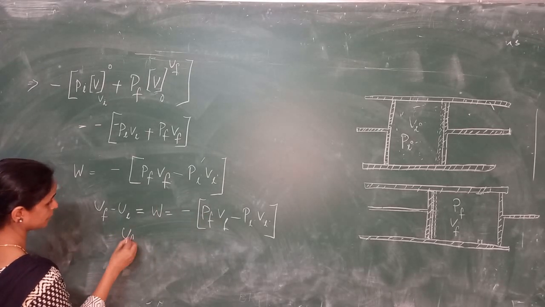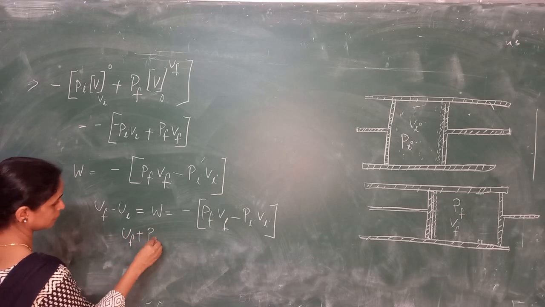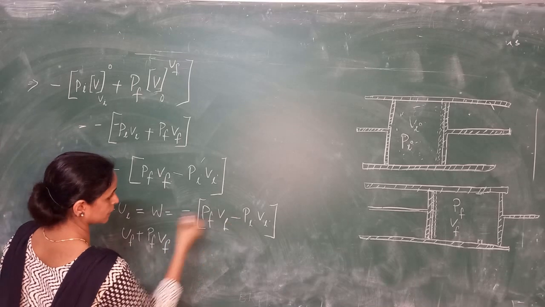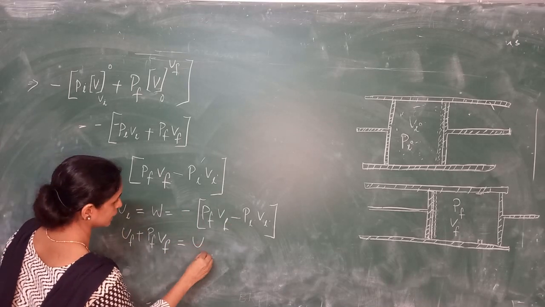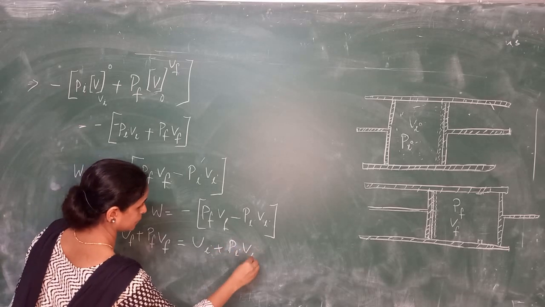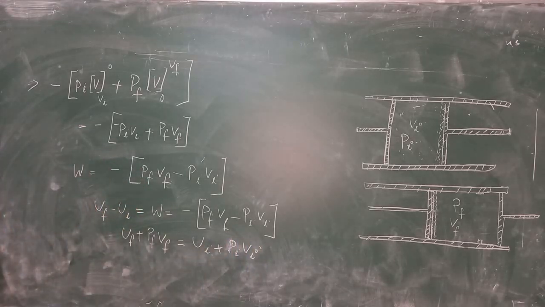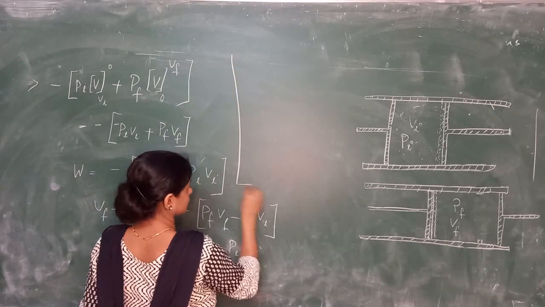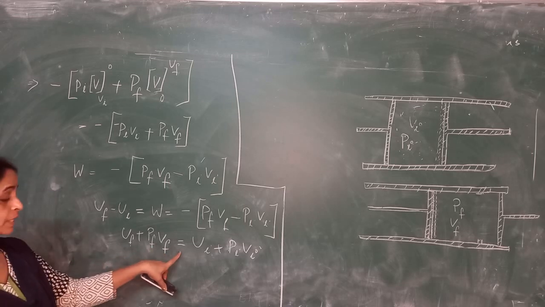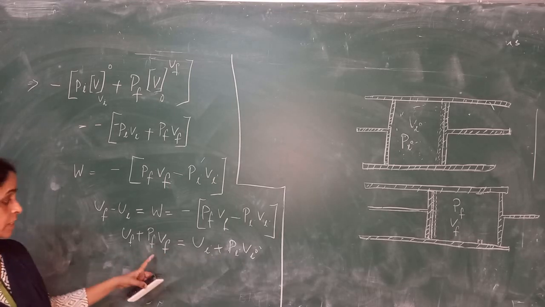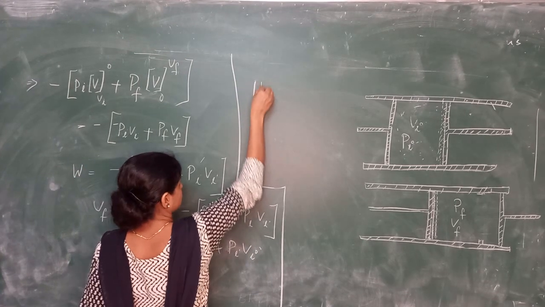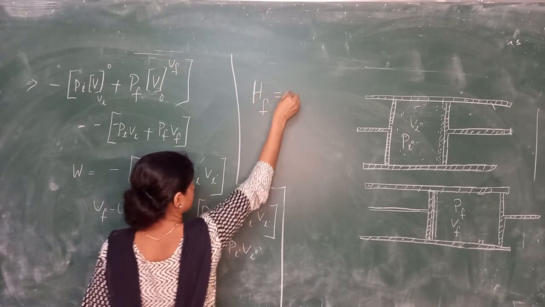Then Uf plus Pf Vf equals, minus minus plus, Ui plus Pi Vi. What is U plus PV? U plus PV is nothing but the enthalpy H. So we can write Hf is equal to Hi.